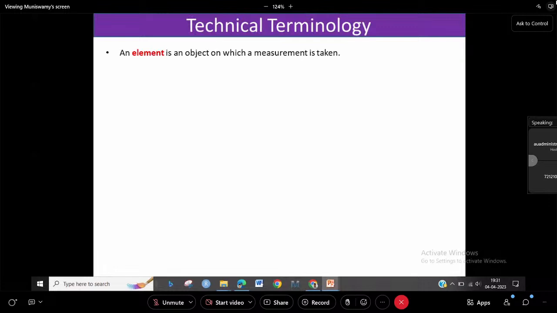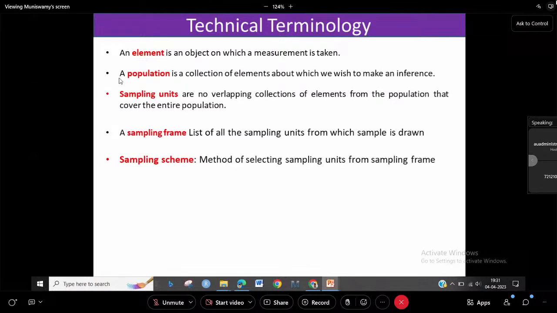Okay. So, we have some terminologies. What is an element in the sample? An element is an object on which a measurement is taken. Population is a collection of elements. Suppose I want to make a survey on post-COVID symptoms.